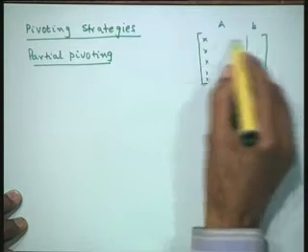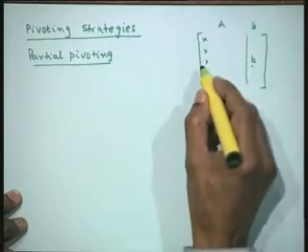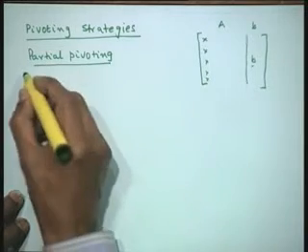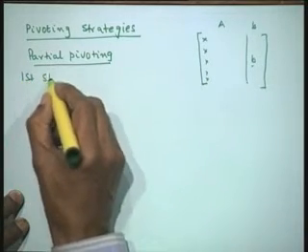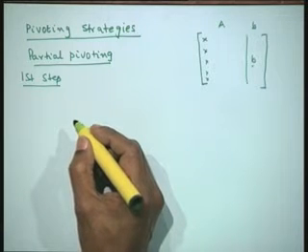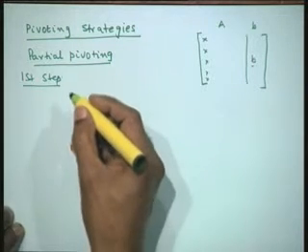That means we interchange the first equation with that equation which has the largest element in magnitude. So, that will be the first step in the Gauss elimination procedure. Before we start elimination, we will do this procedure.